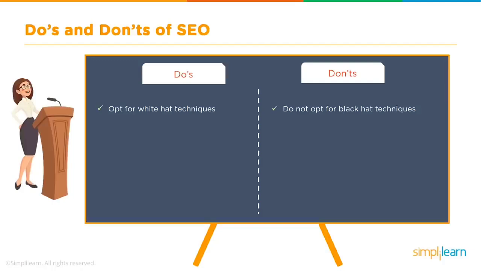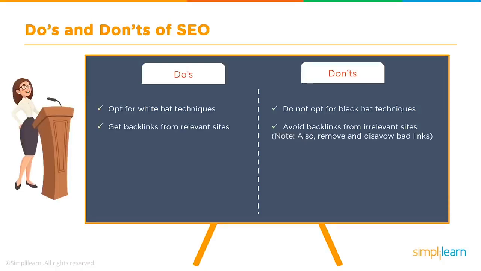Because if it's on a site that's not of good quality, then Google's going to look at us and say, well, this site is linking to your site, but it's not relevant. So therefore, we're not going to look at you in the same way as if you were on a quality website.